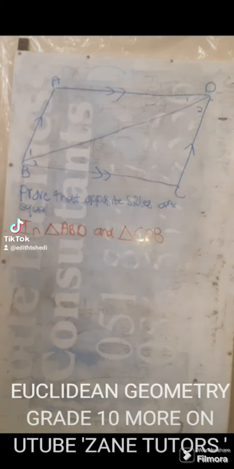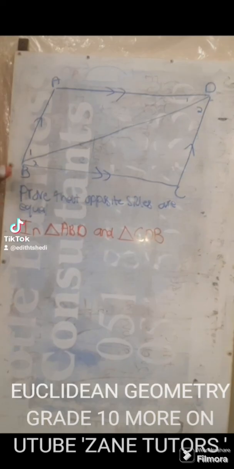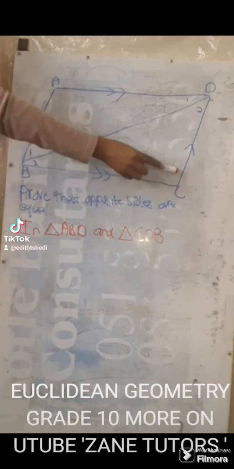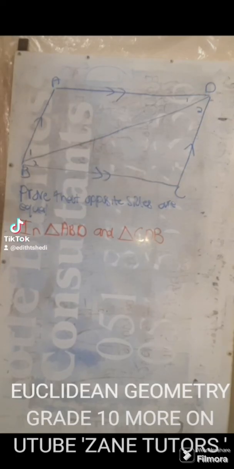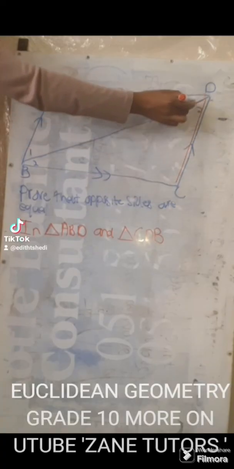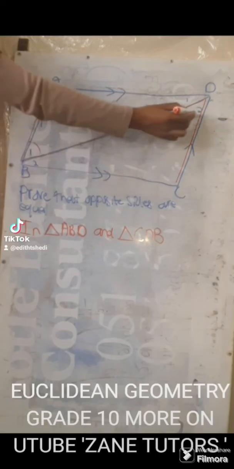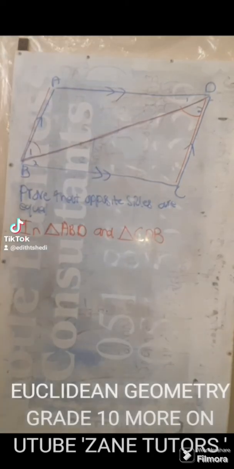D1, these sides are parallel, so you can use Z to identify these angles. So when you draw from here to here and here, you'll find that this angle is the same as that angle, right?